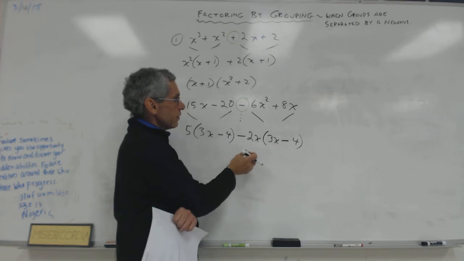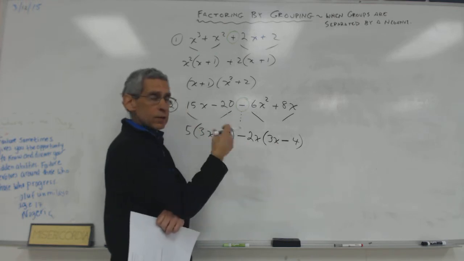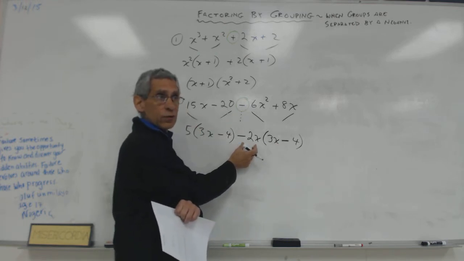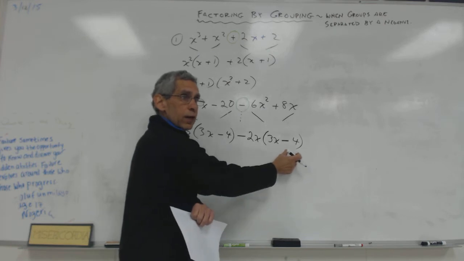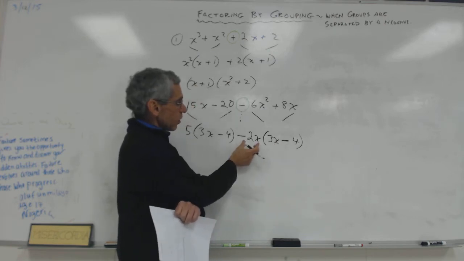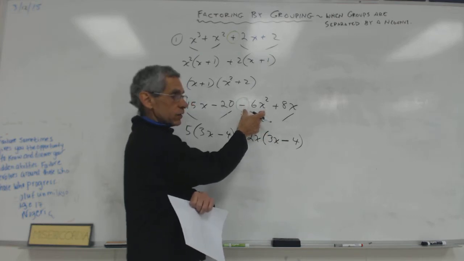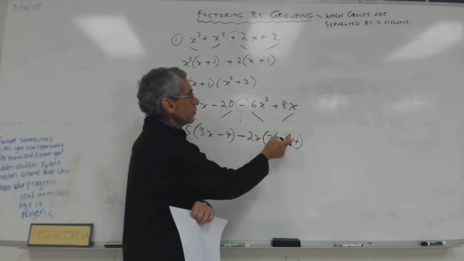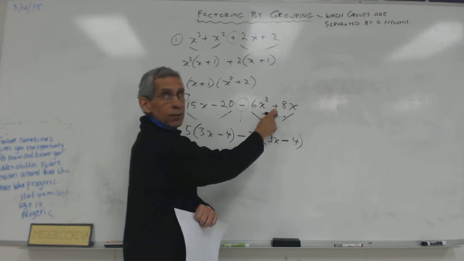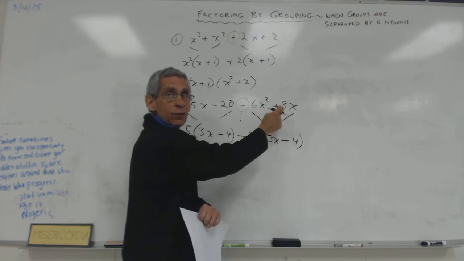So sometimes it's easier for me to think of it in terms of the distributive property. Negative 2x times positive 3x gives me negative 6x squared. Negative 2x times, it's got to be negative to get a positive. Negative times negative is positive.